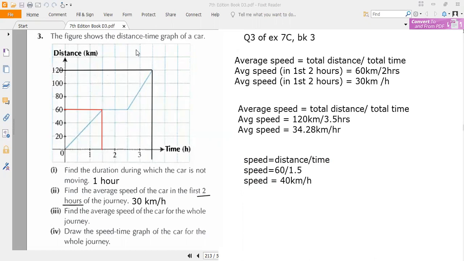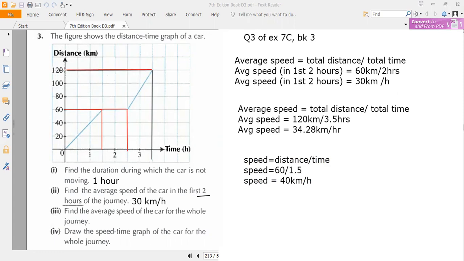Now, going to my next one, starting from here till 60.